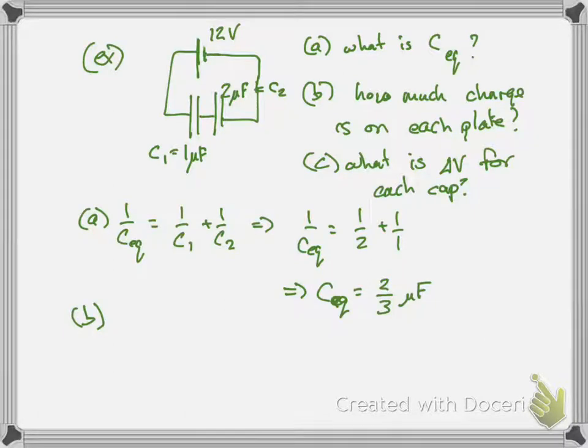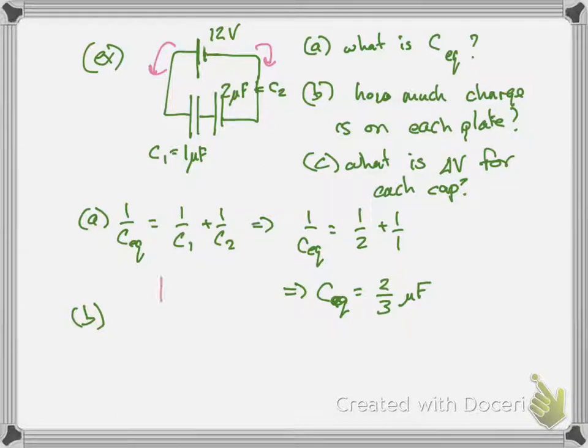There are other ways to do it, but since we calculate the equivalent capacitance first, the amount of charge that goes through this circuit, that way and that way, is the same amount of charge that would go to the equivalent capacitor.